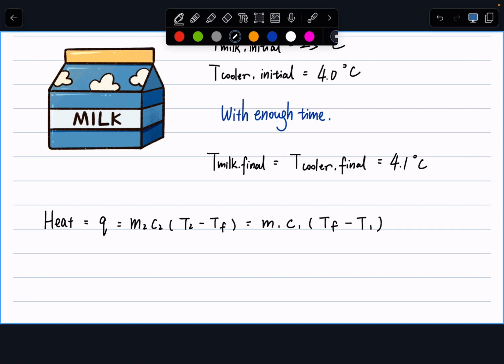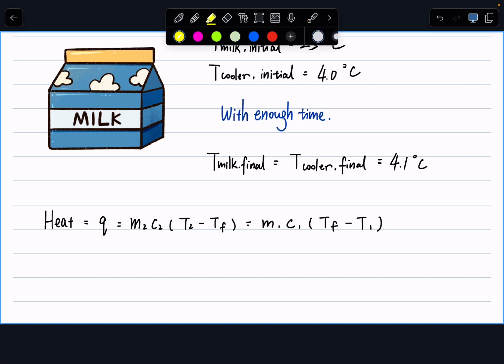In this case, you have three different temperatures to keep in mind. You have initial temperature T2, which is the temperature of your milk, that's higher than your T final. That equals T final minus T1 times the different specific heat. So this you should have seen in your previous classes.